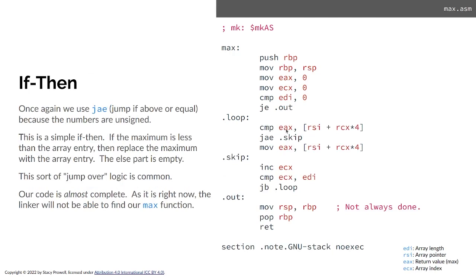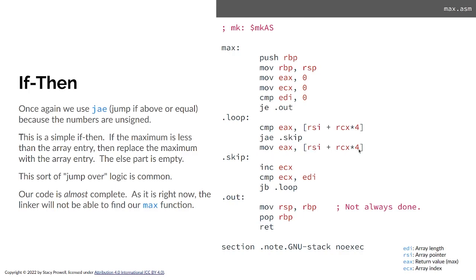So I will compare EAX to what's in the array at the position given by RCX. The times 4 is because each entry is 4 bytes long. It's an unsigned int. If EAX is above or equal to this, I jump to skip right here.